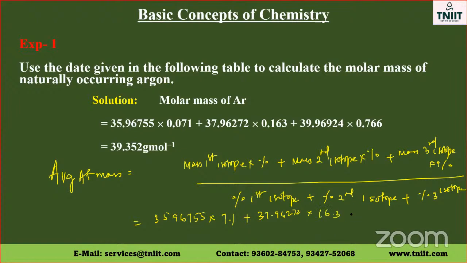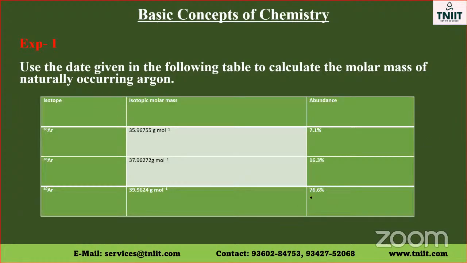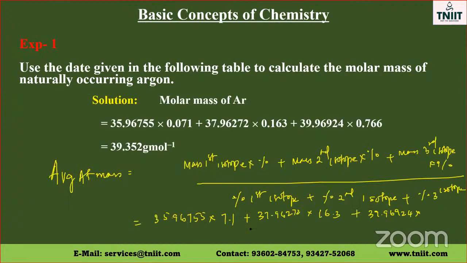Plus the third isotope is 39.96924 into the abundance they've given as 76.6, divided by 7.1 plus 16.3 plus 76.6.